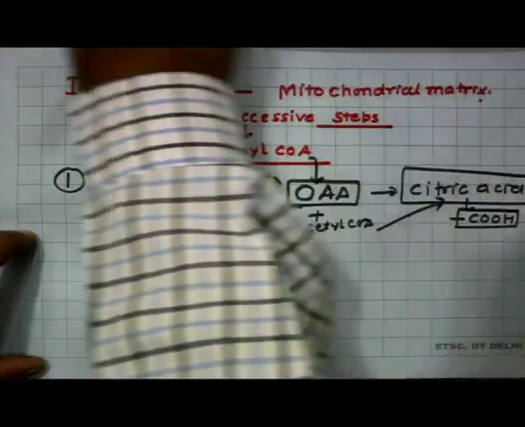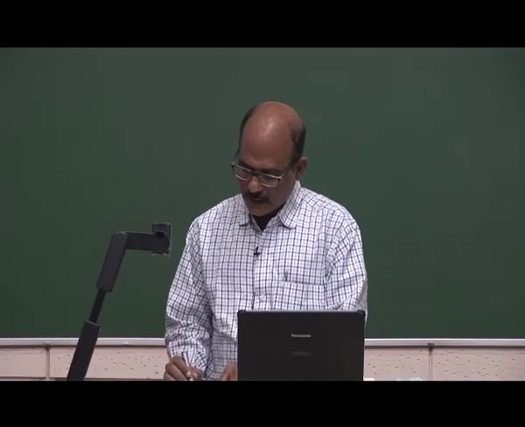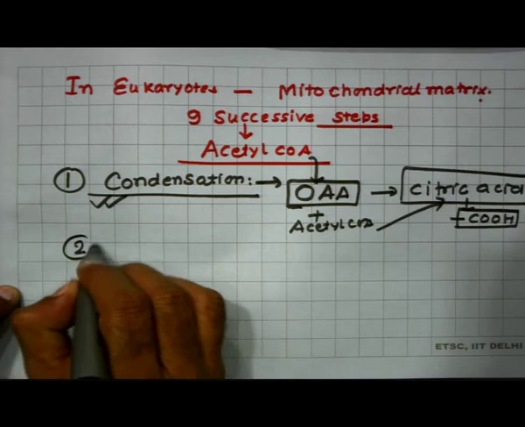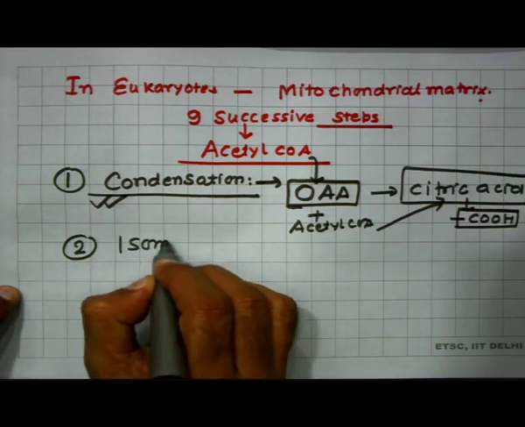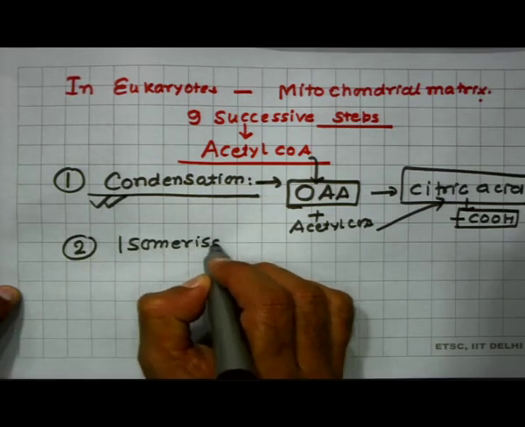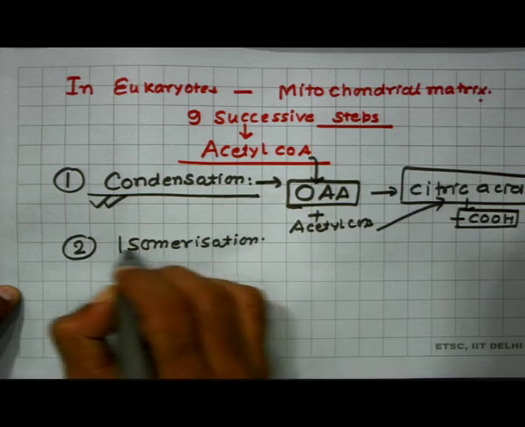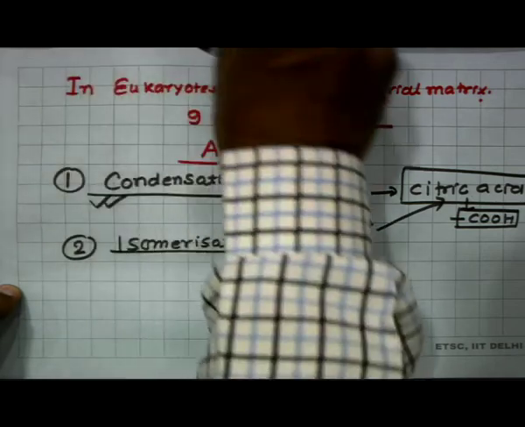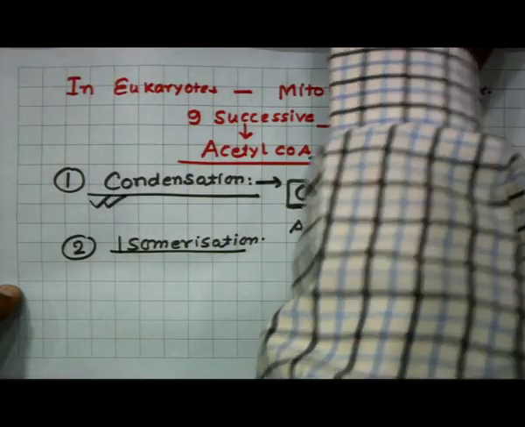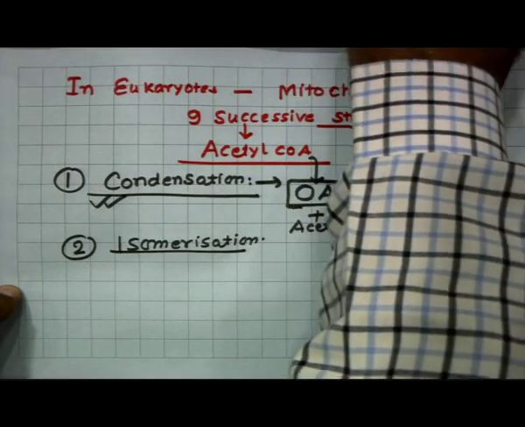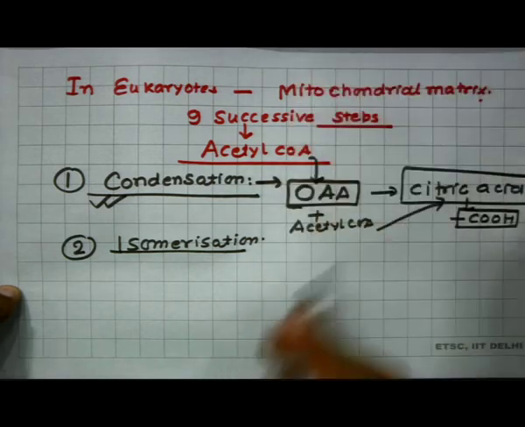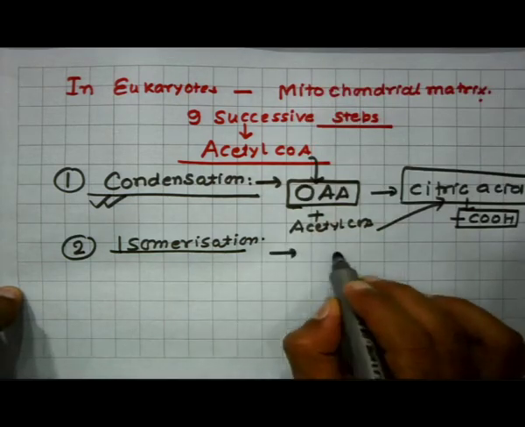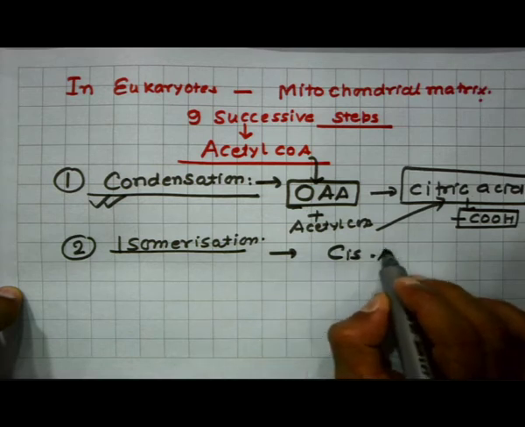Now, the second step in the Krebs cycle is isomerization. Citric acid finally forms isocitric acid with the help of the enzyme aconitase, and the intermediate product is called cis aconitic acid.